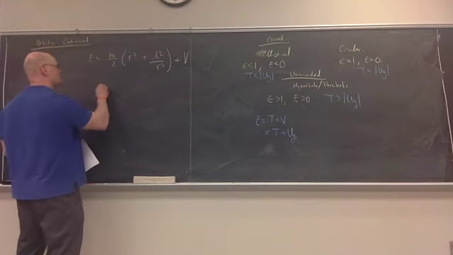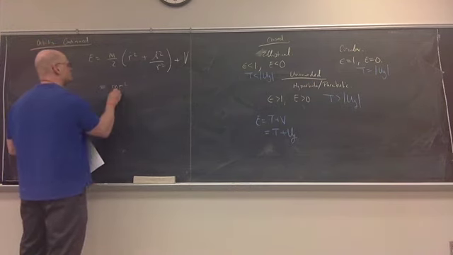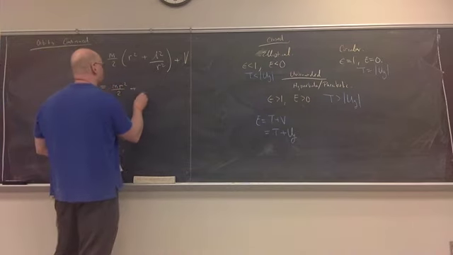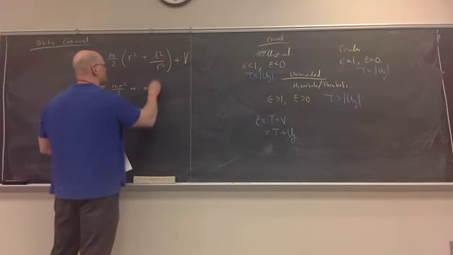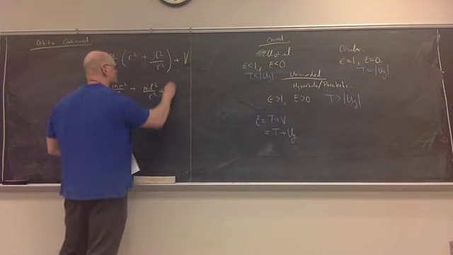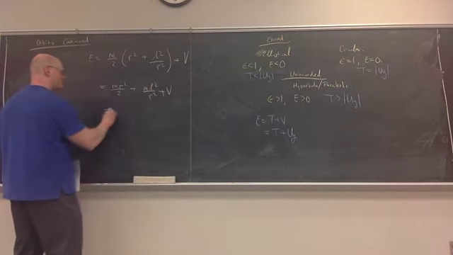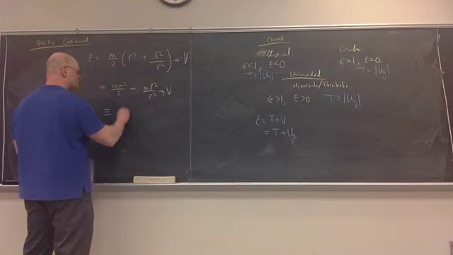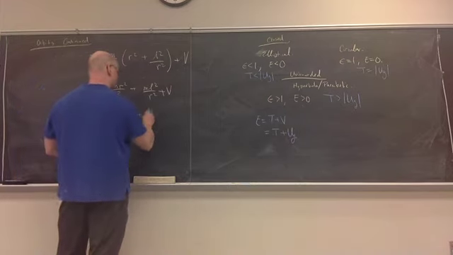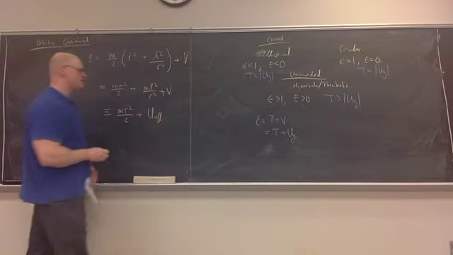Now let's split this up. So this becomes m times r dot squared all over 2, plus m times l squared over r squared, plus the central potential. And this first term we're going to define as the kinetic energy, which is m times r dot squared over 2, plus what we're going to call the effective potential.